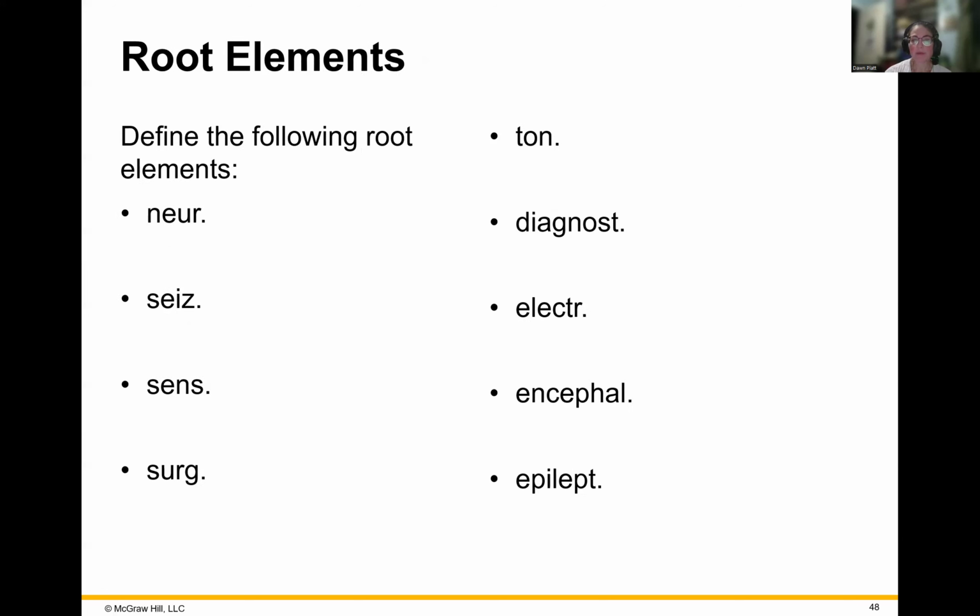Now we come to some root elements. The idea is to determine the definition of these root elements.